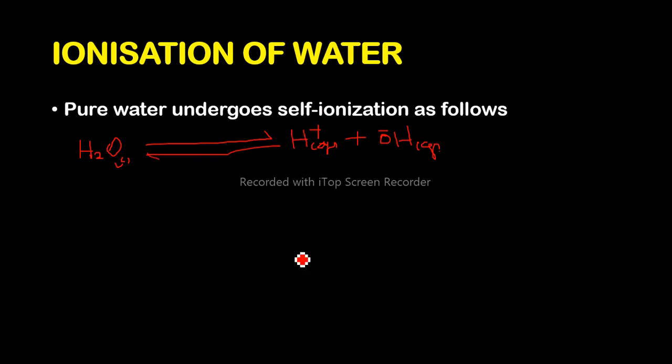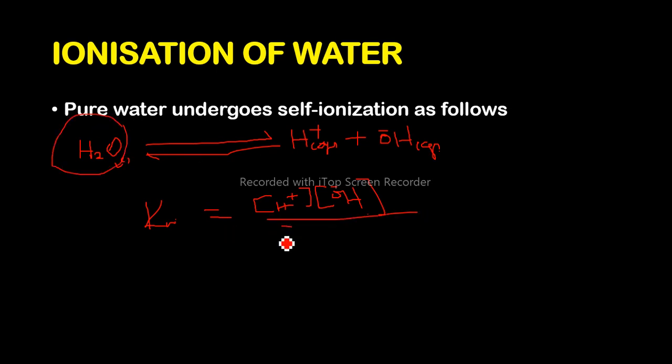From this expression, we can determine the Kw, the ionization constant of water, which is the concentration of hydrogen ions, H⁺, times the concentration of OH⁻ ions, all over the concentration of water.